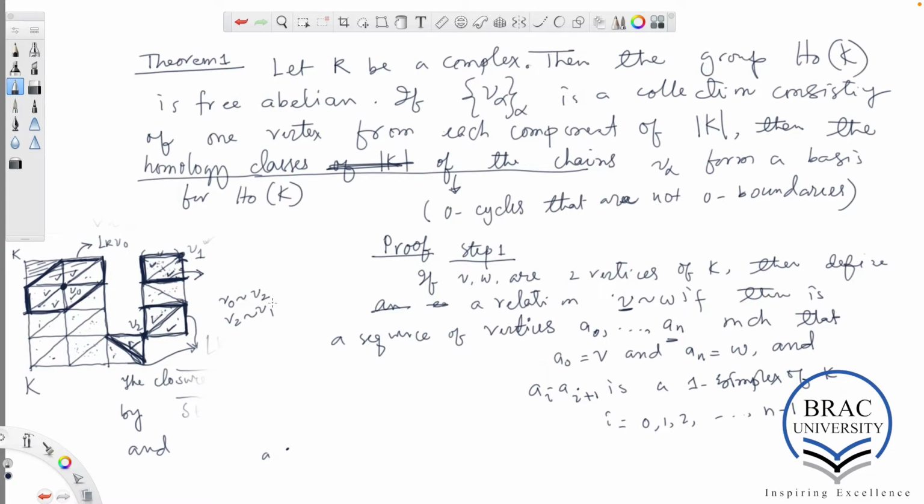And it is an easy exercise for one to check that this relation is indeed an equivalence relation. I leave it as a small exercise for you. So check that this relation is an equivalence relation. And intuitively it's clear from the previous diagram of the complex K.